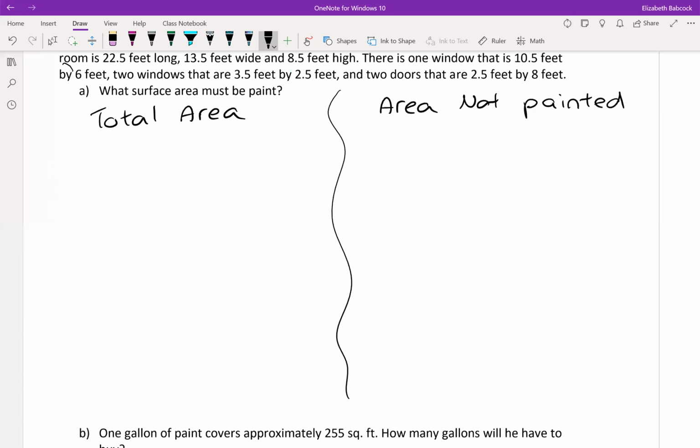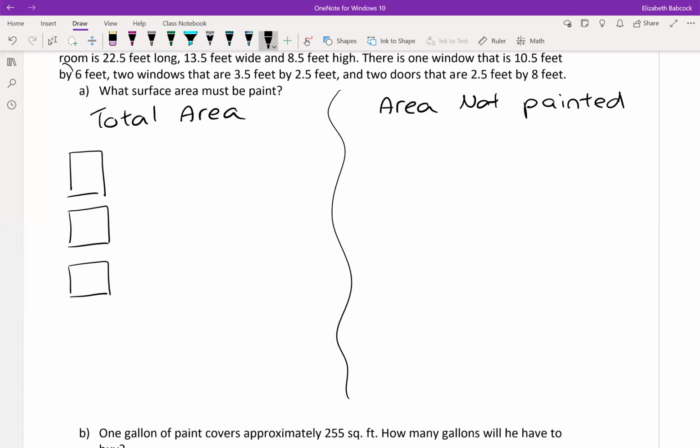Those aren't going to be painted. However, it's easier to treat the walls as rectangles and calculate them out that way than to try to do each of the individual calculations and break each one up into different squares and rectangles, and it gets very complicated.